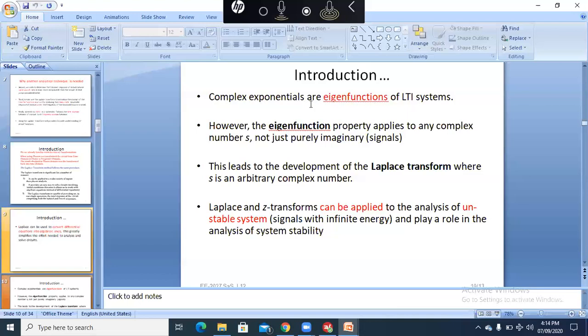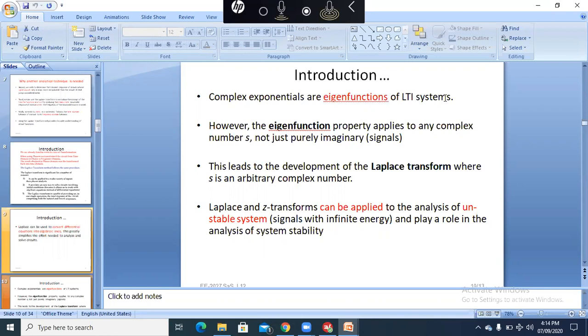What I mean to say is that we have a circuit to which we apply an exponential signal. This exponential signal is nothing but the sinusoidal signal, and we take the output, which is also a weighted exponential, at the output of this circuit.